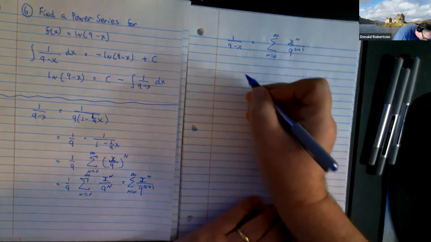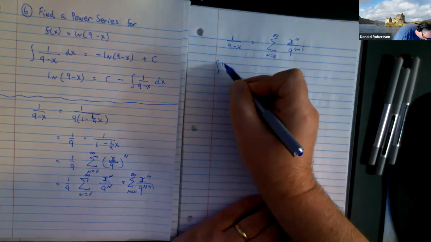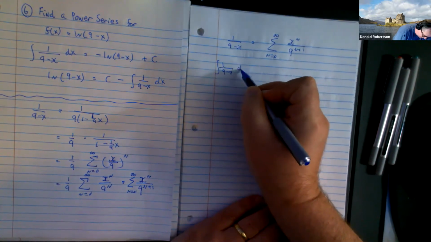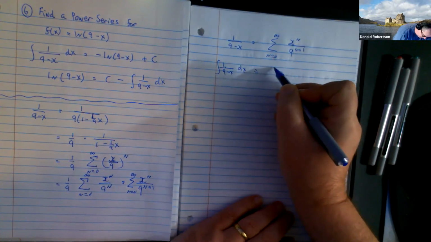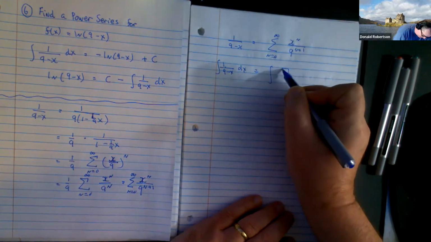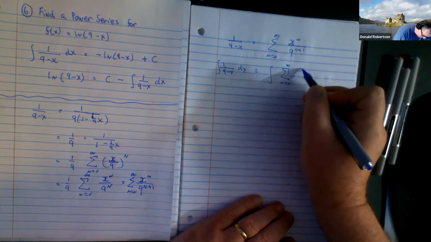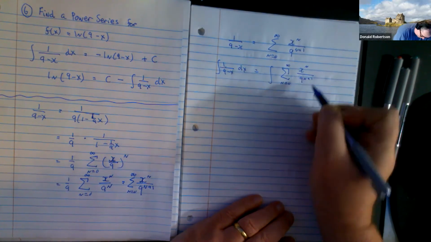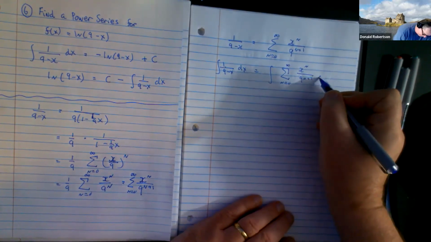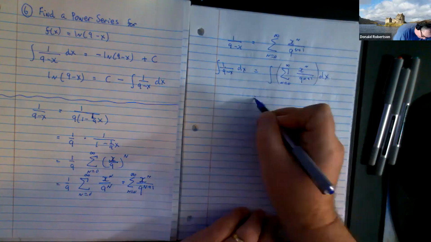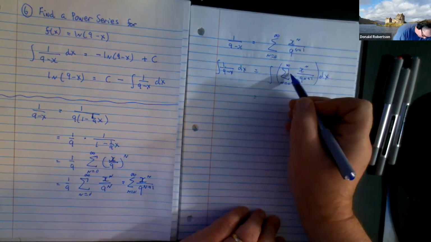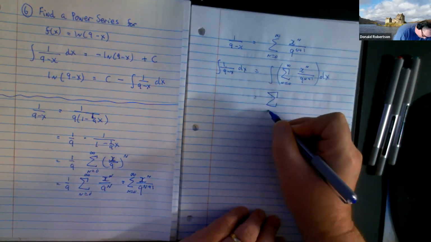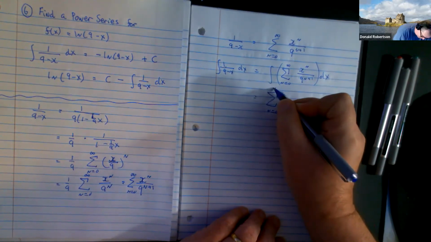If I take the integral of that, I should be able to integrate this guy as well. Now you can switch the sigma and the integral around, and if you think about that, it really just means you can integrate each term individually.